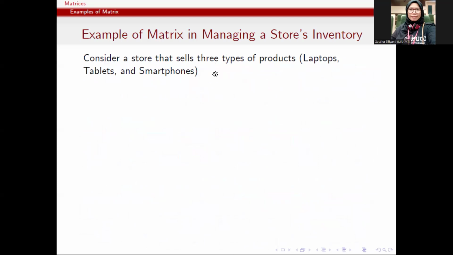Now we see some examples of matrices in managing a store inventory.